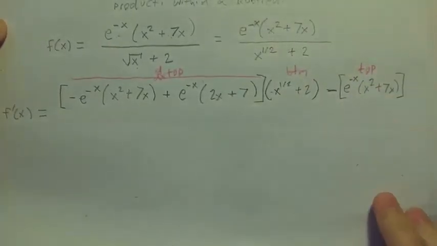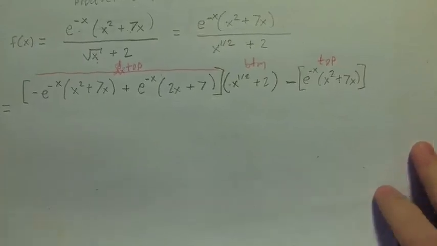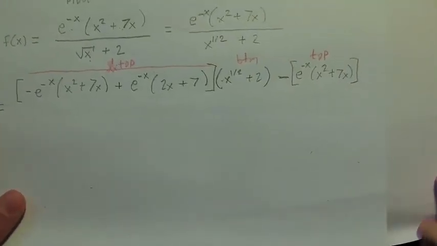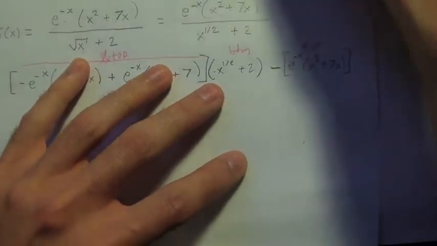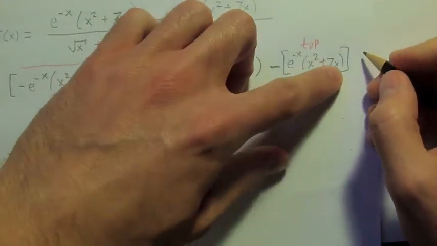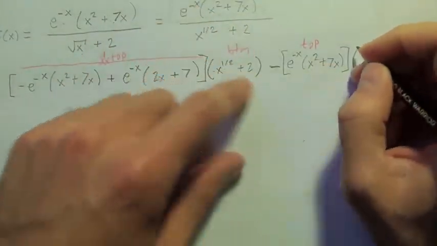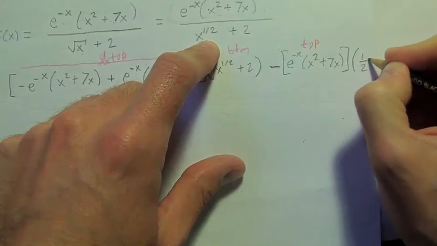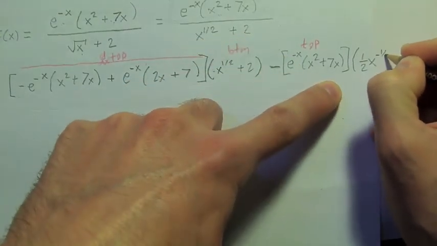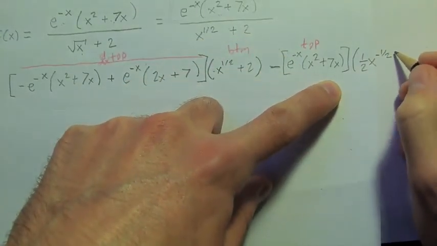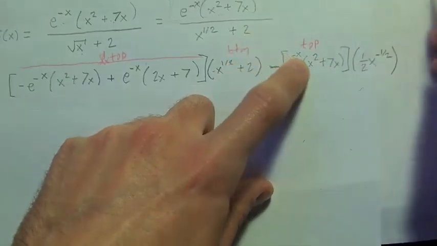Then what comes next is the derivative of the bottom, which will be 1/2 x to the negative 1/2, and that's pretty much it, because that plus 2 will become 0.